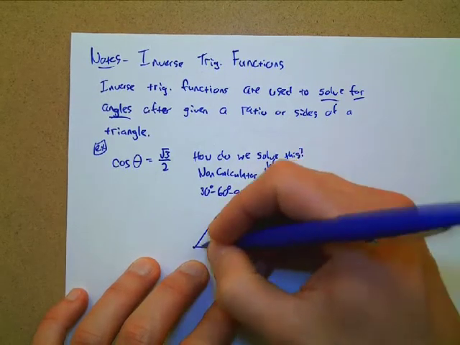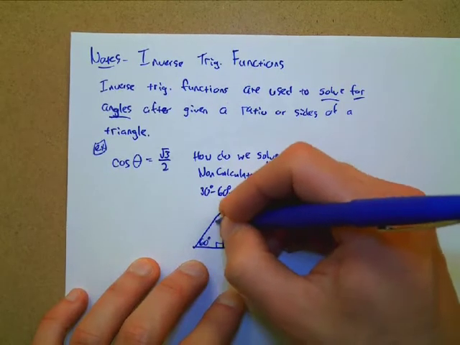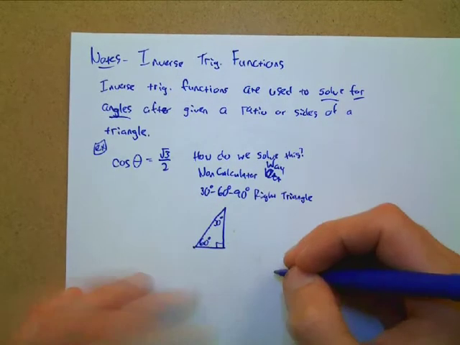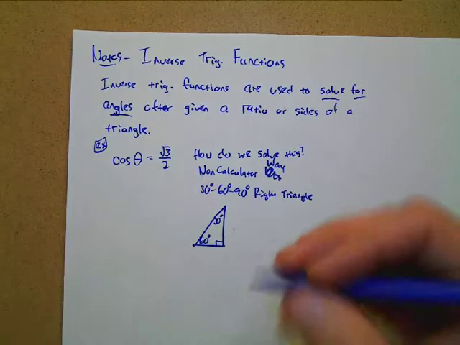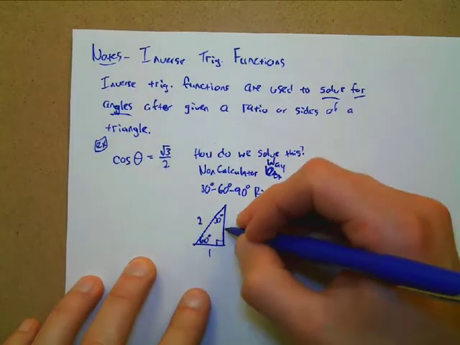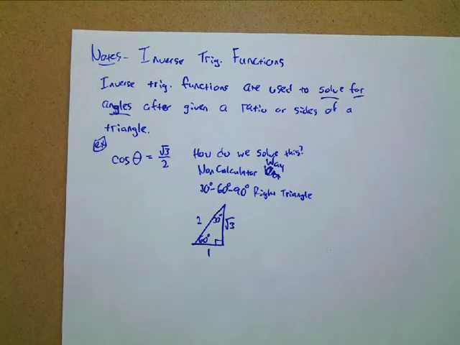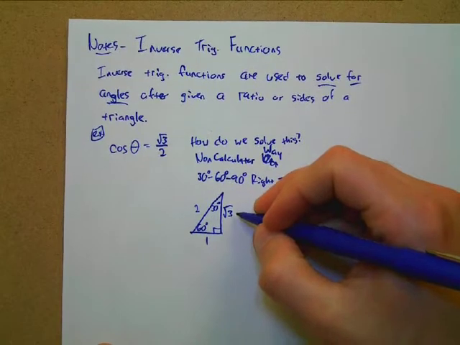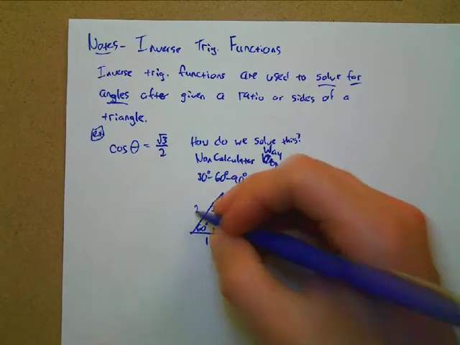Let's say this is the 60-degree angle and that's the 30-degree angle. You can make this any length of side you want, but I'll make it nice and easy. There's root 3, right? There's 2 right there, right?